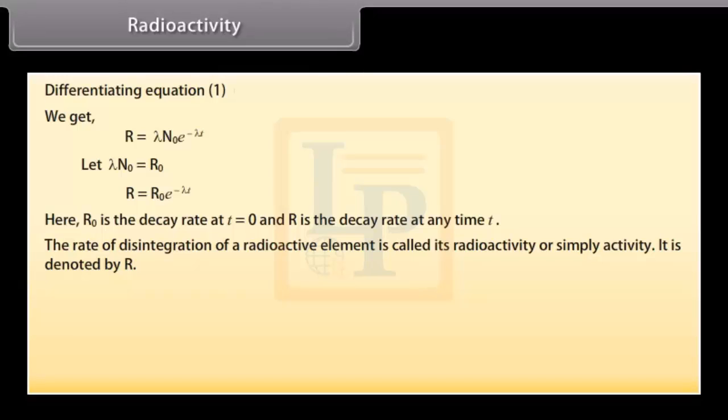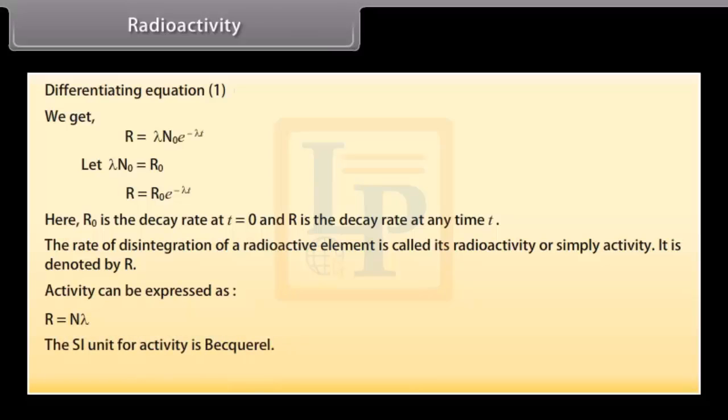It is denoted by R. Activity can be expressed as R = Nλ. The SI unit for activity is becquerel. 1 becquerel = 1 Bq = 1 decay per second.